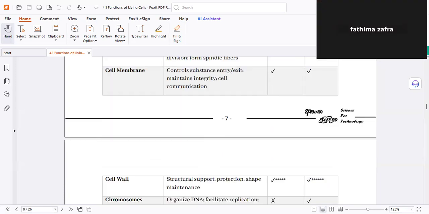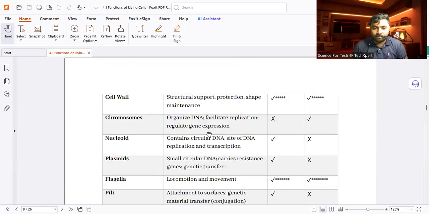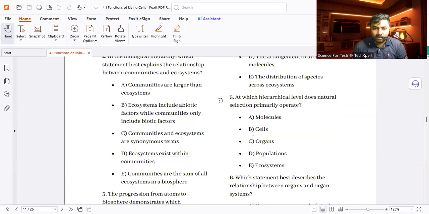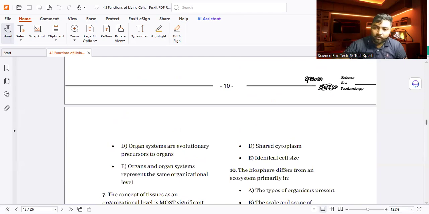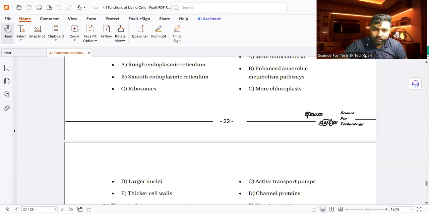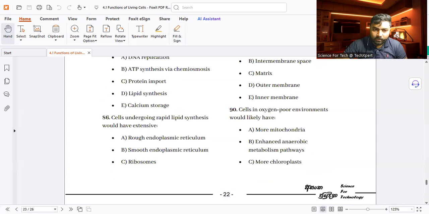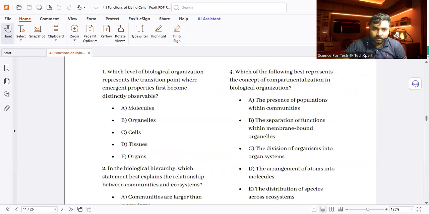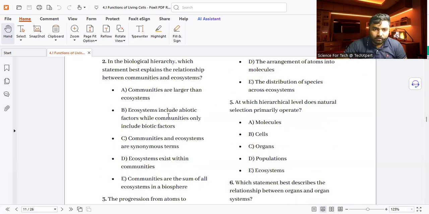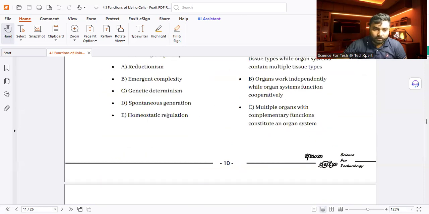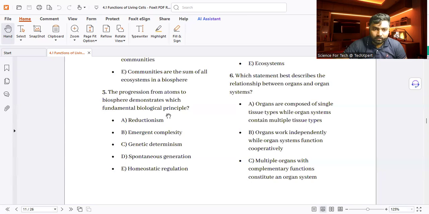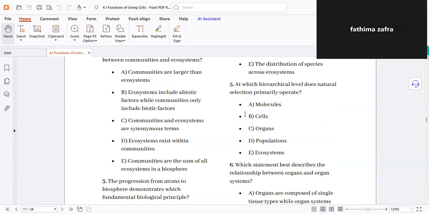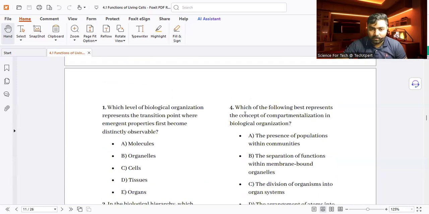This is the end of our 4.1 lesson. And I think you have around 100 MCQs, no? Yes, you have 100 MCQs.